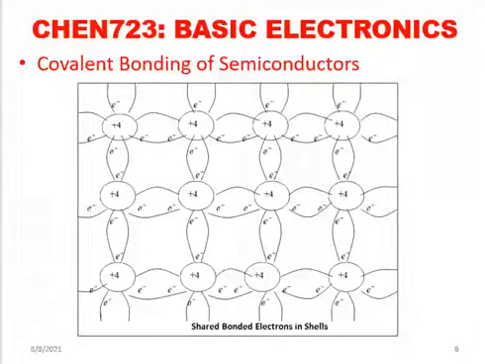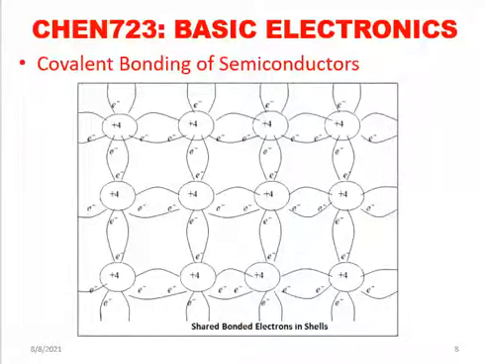Now, let us look at the actual covalent bonding for the semiconductors. As we have said, they are group 4 elements, so all these ones, you can see +4 everywhere. This is the nucleus of the first atom, maybe of silicon or germanium, because as we have seen from that graph, we use silicon and germanium because they have a medium amount of energy gap.